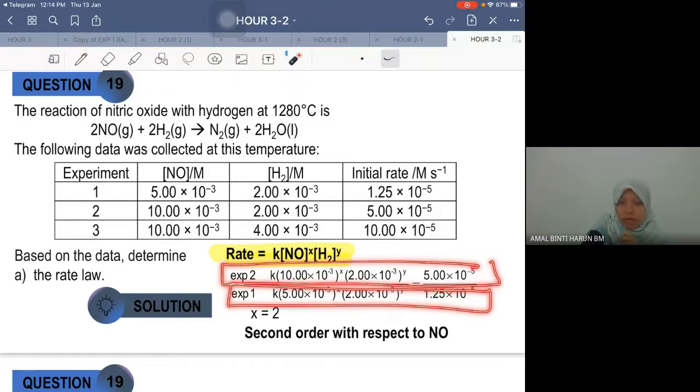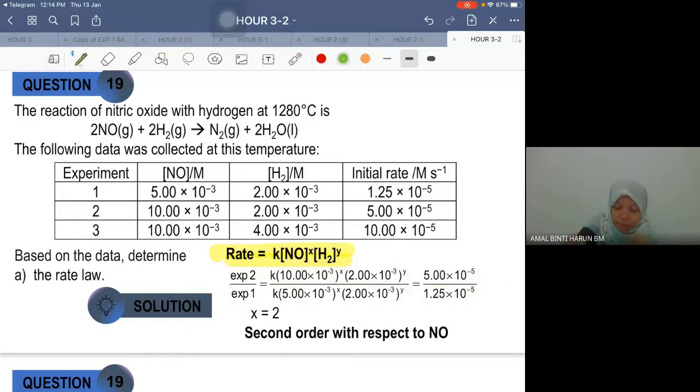Okay. Substitute data bagi setiap eksperimen tu. Rate law eksperimen 2 divide by eksperimen 1. So, because it is the same reaction, K cancel. Because K sama. Pilih yang sama, concentration apa ni?